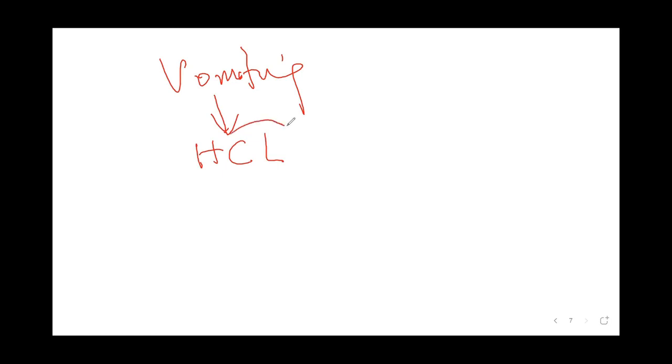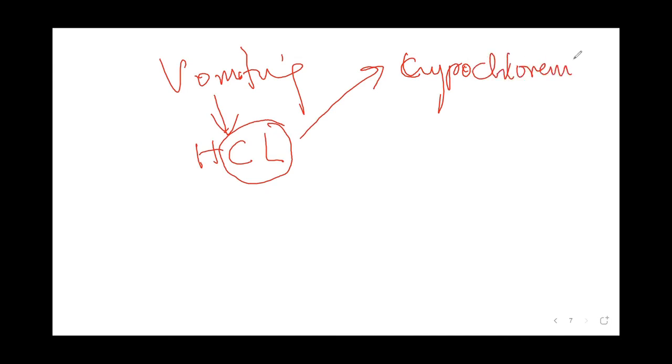And they lose a lot of chloride, presenting with hypochloremia. So that is the first electrolyte abnormality, hypochloremia. Now, because of the loss of acid, they become alkalotic.